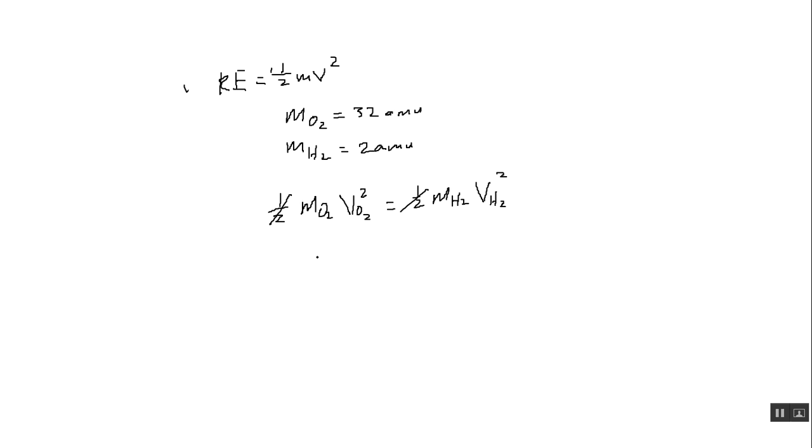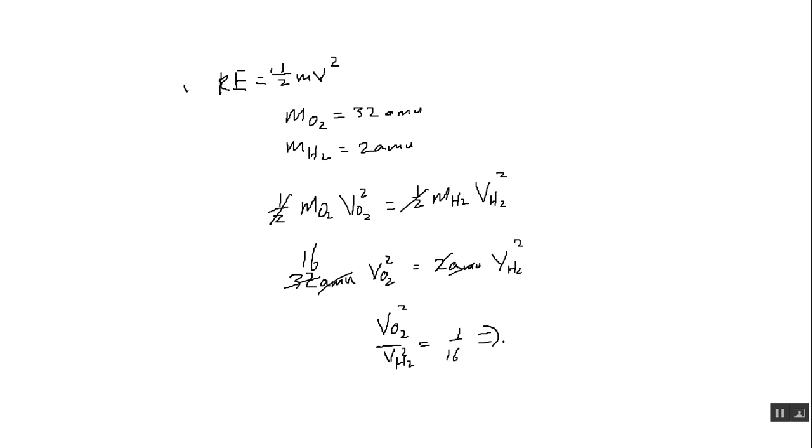And if we substitute for oxygen 32 AMU times V_O2 squared, equals, for hydrogen we substitute 2 AMU times V_H2 squared, and the AMU units will cancel out. If we divide both sides by 2, we're going to get 16 here. So therefore, what we'll get here is a ratio of V_O2 squared over V_H2 squared is equal to 1 over 16.